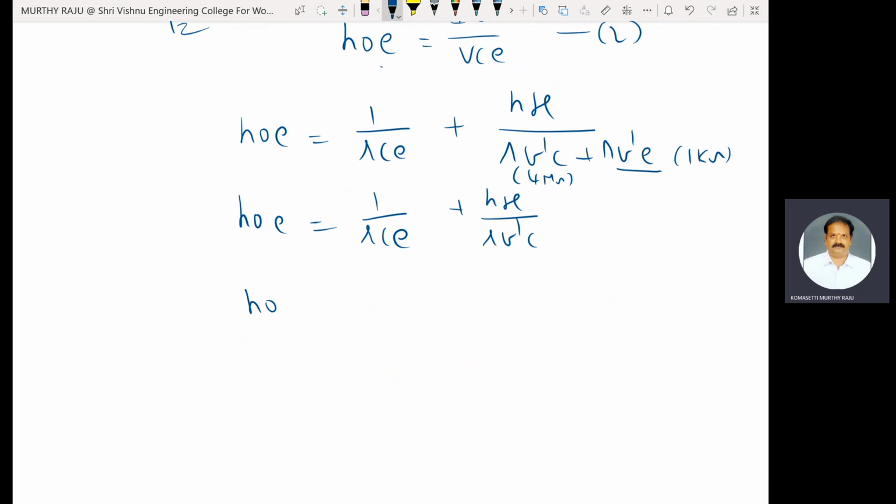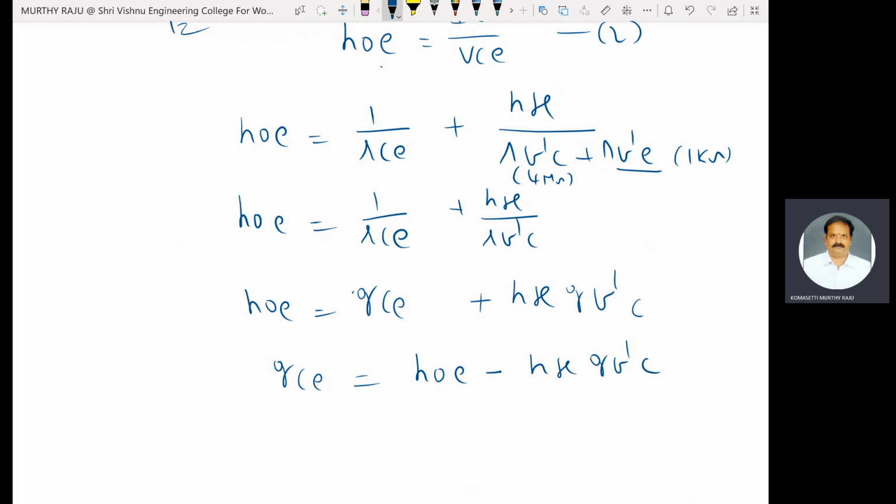HOE is equal to 1 by RCE, which is GCE, and HFE into 1 by RB'C is HFE GB'C. Therefore, GCE is equal to HOE minus HFE GB'C. GC is nothing but the output conductance, also called 1 by RC.